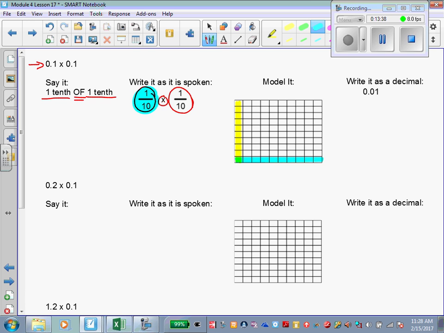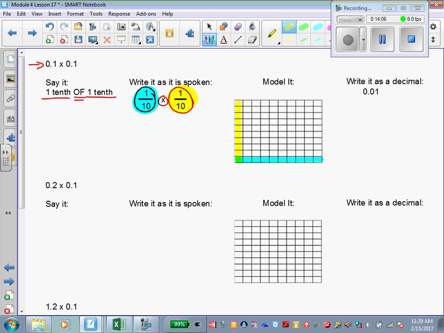Okay? And then for the second 1/10, I demonstrated in yellow. And what you're looking at for the answer is the combination of both blue and yellow. But when you mix blue and yellow together, what do you get? Green.